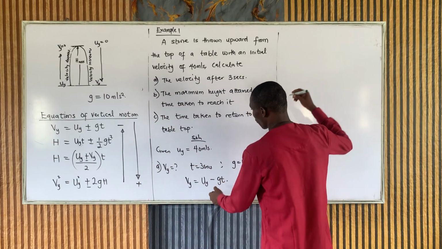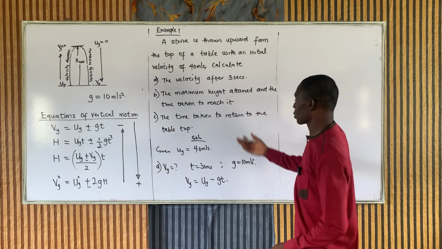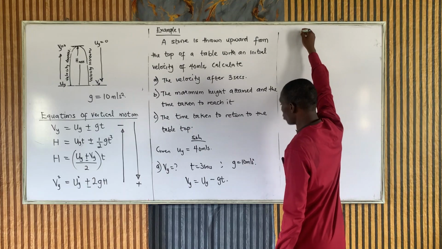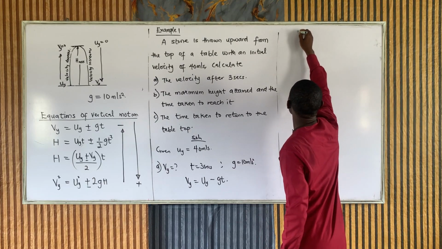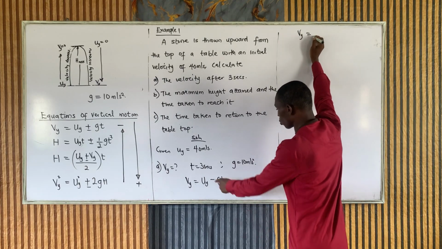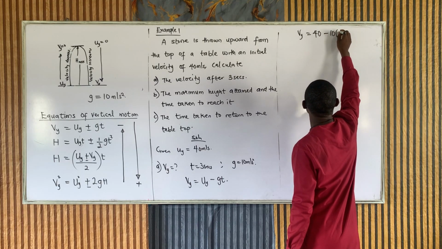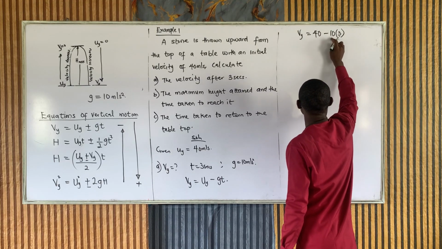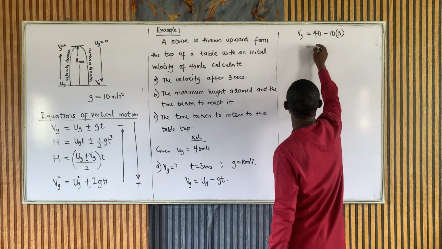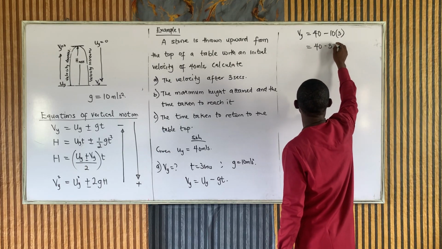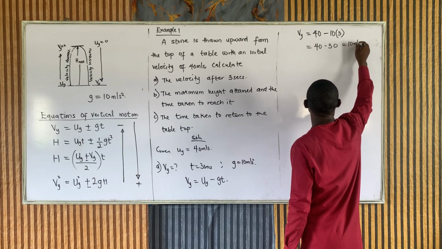Why is it minus? Understand, the object is thrown upward. So it's going upward initially. And so, that's why we're using minus. Vy is equal to, what's the uy? 40 minus 10 times 3. Because time is 3. Gt. This will give us 40 minus 30. And that's 10 meters per second.